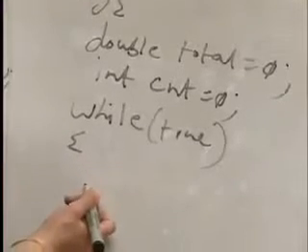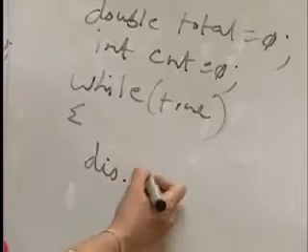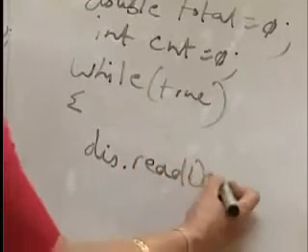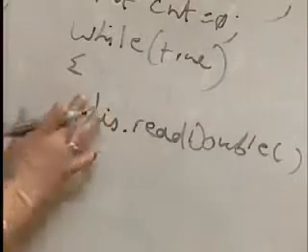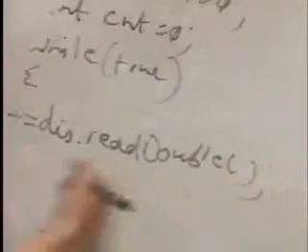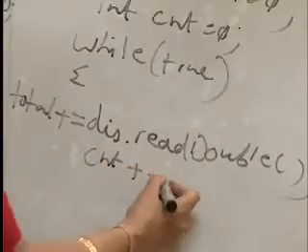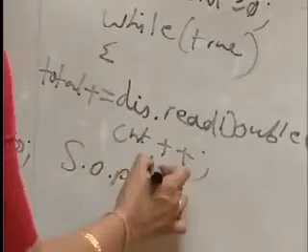So we take the DataInputStream object, call the readDouble method, put it into total, increment the counter, then display the average.